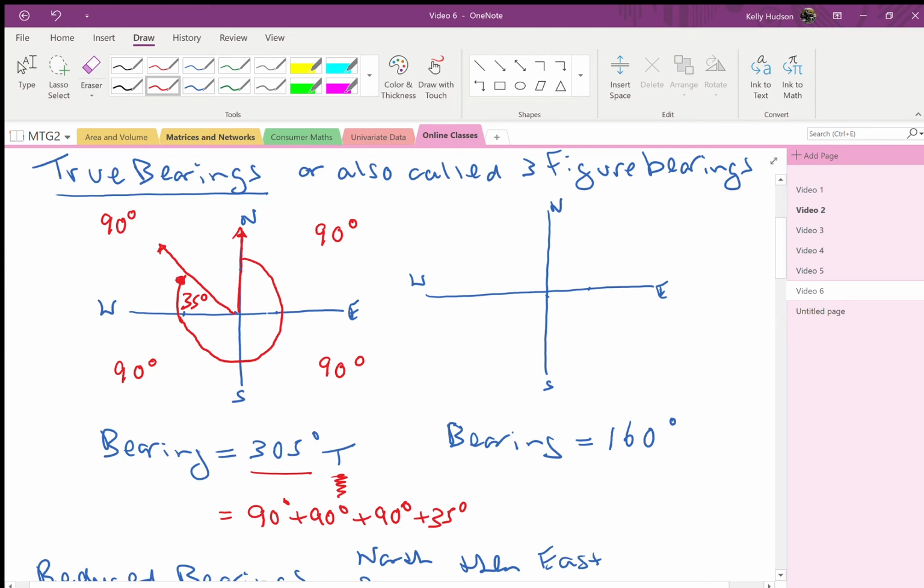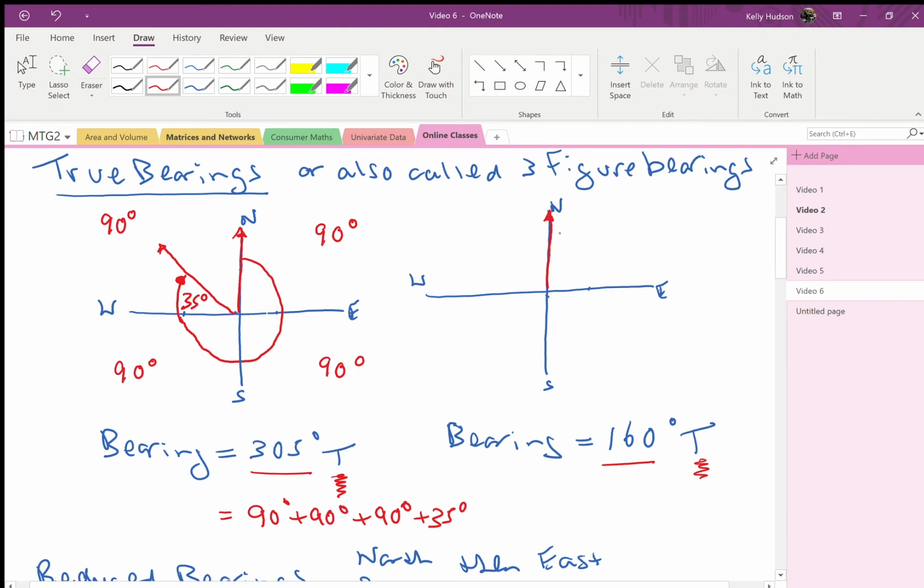The next one's a bearing of 160 degrees. So this is 160T. There's my true bearing, starting at north, and I go through 160 degrees. So start the same process. I go due north, and I sweep through 180 degrees heading towards east.